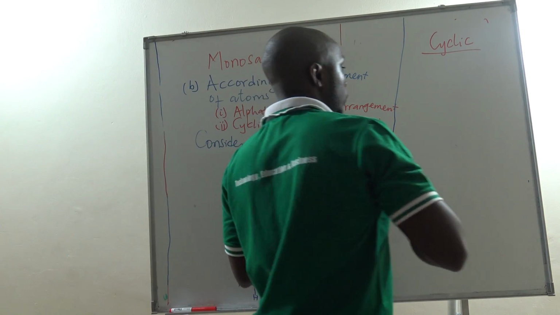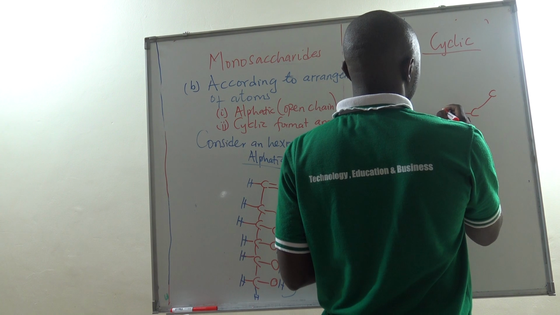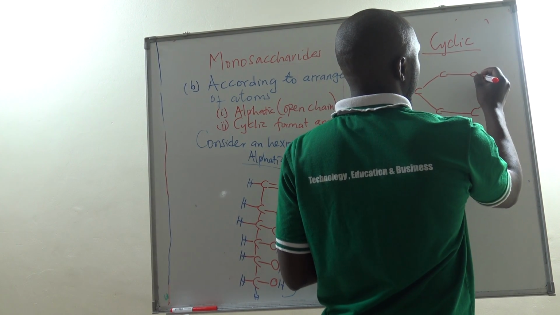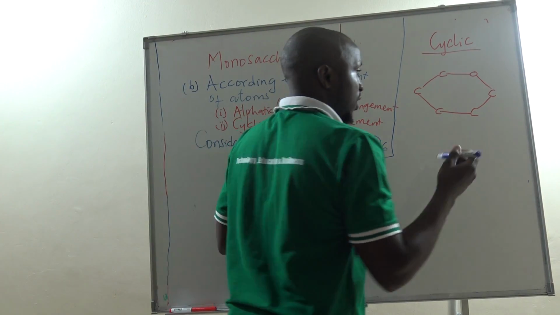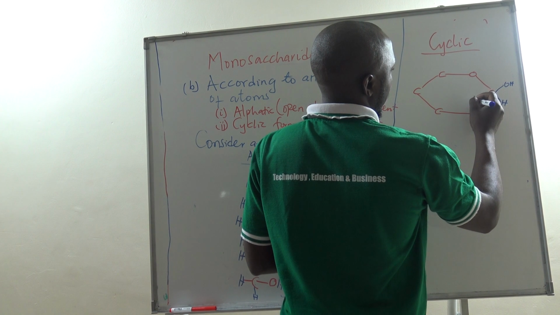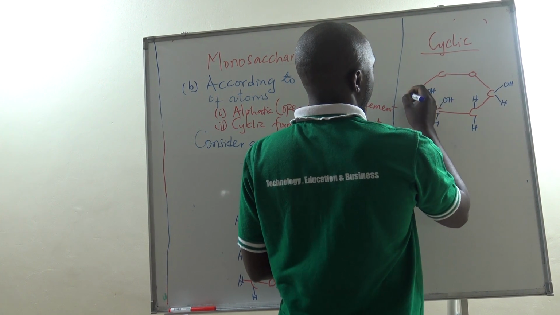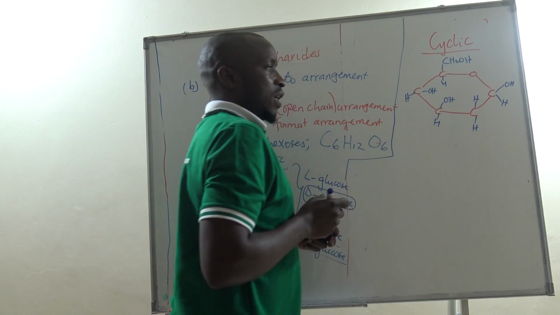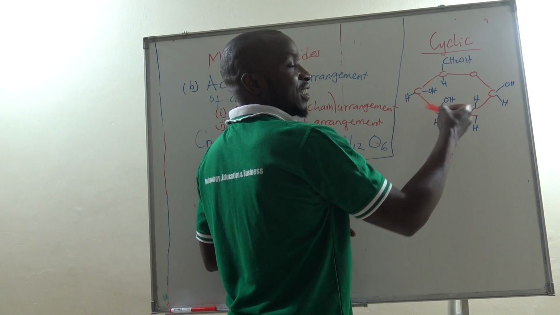Under cyclic, we can have C, C, C, C, C, O. If it takes up such a ring, let's say that is oxygen, we shall not first of all give it a specific name, but we shall look at the ring and say it has taken up a six-sided ring.